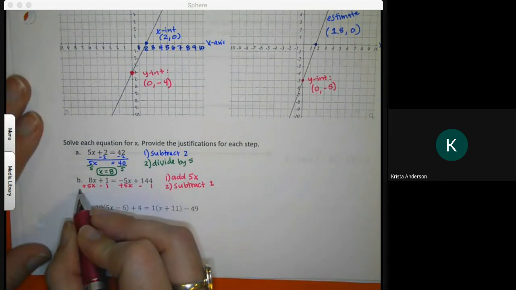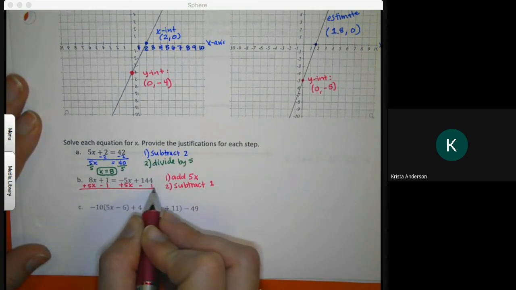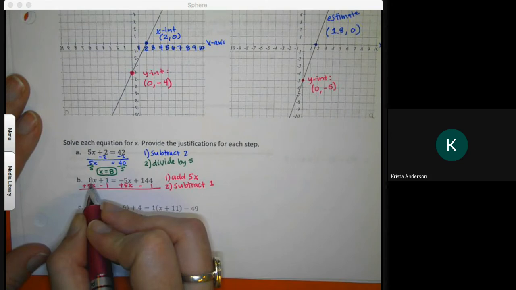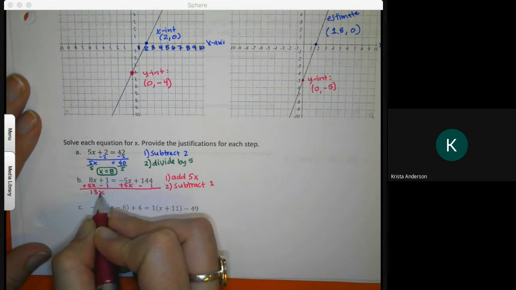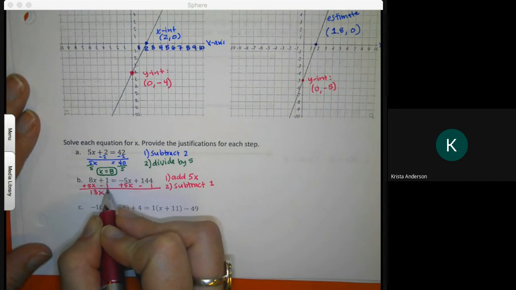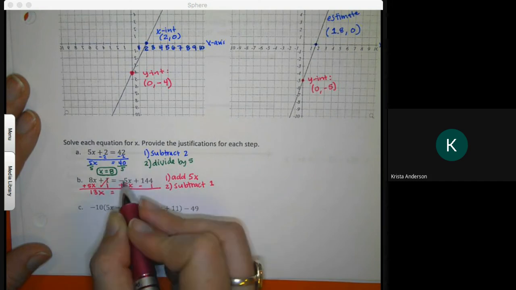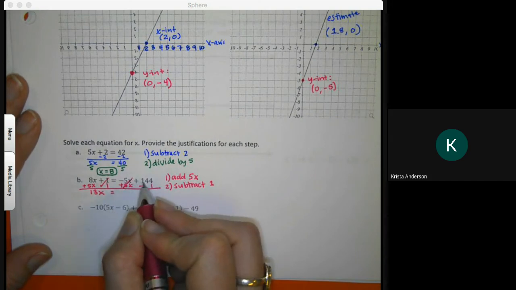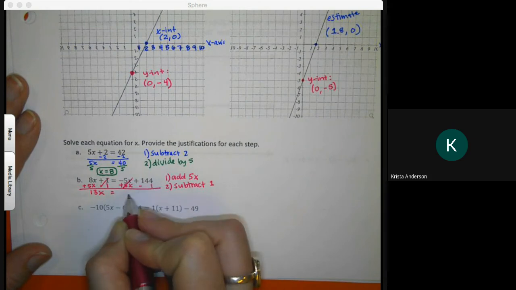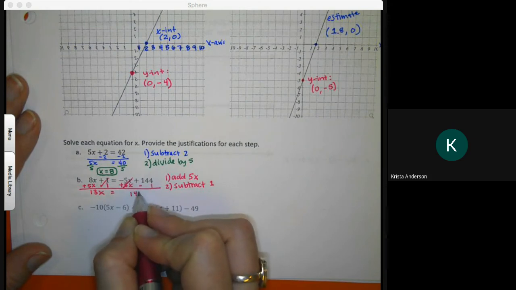This allows me to say 8, 9, 10, 11, 12, 13 x's. 1 minus 1 goes away, equals negative 5 plus 5 goes away. 144 minus 1 is 143.